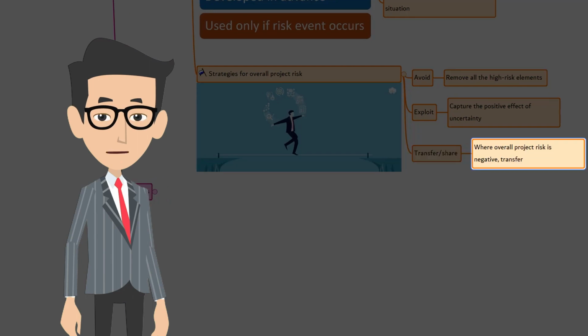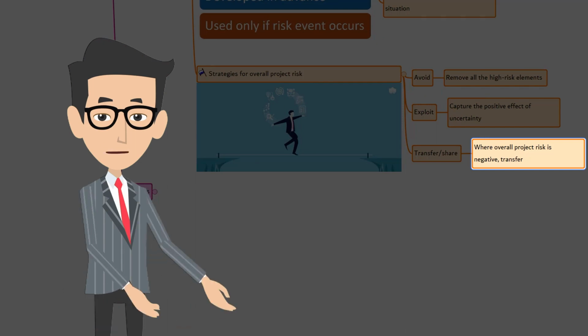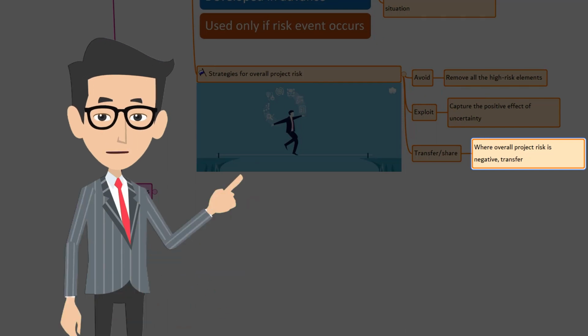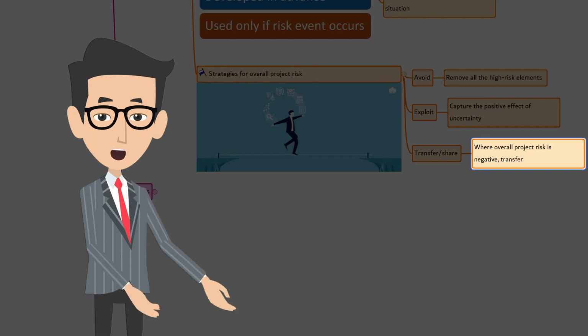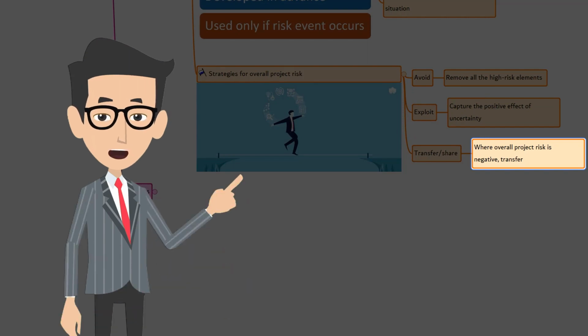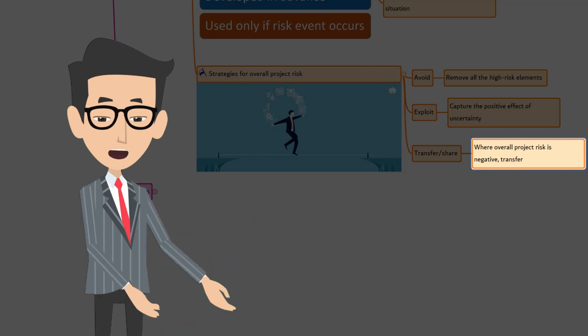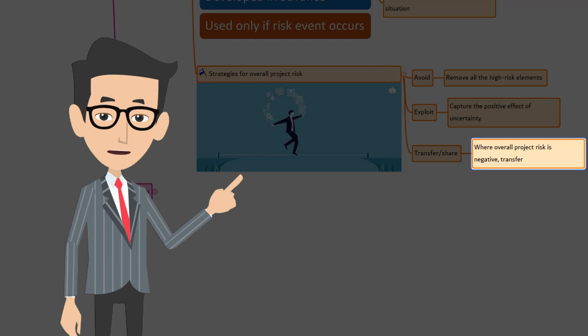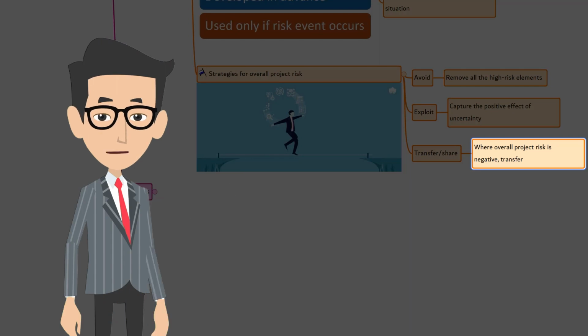Transfer can be used when the overall project risk is negative. Don't forget that transfer will involve payment of a risk premium. In case of high positive overall project risk, ownership may be shared in order to capture the associated benefits. Examples of both transfer and share strategies are setting up a collaborative business structure.